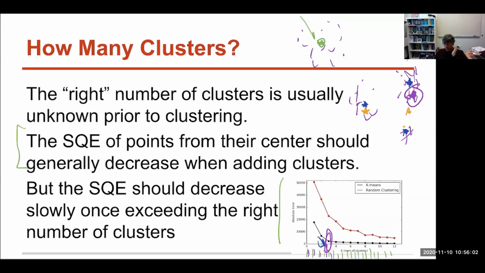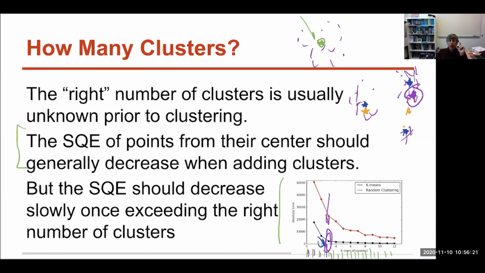So we're looking for the bend in the elbow of this curve, where a small number of clusters explains a lot of the deviations between the points. Any questions?